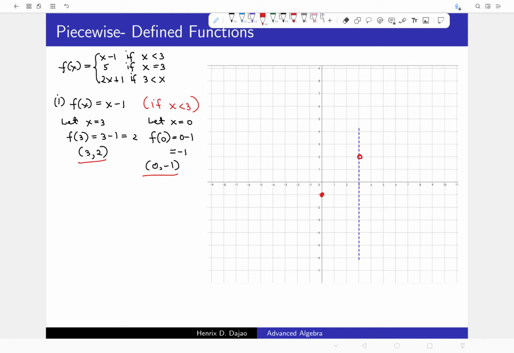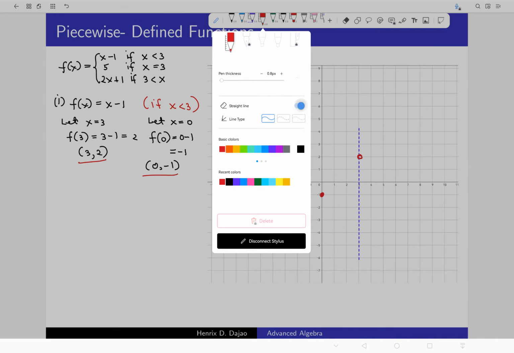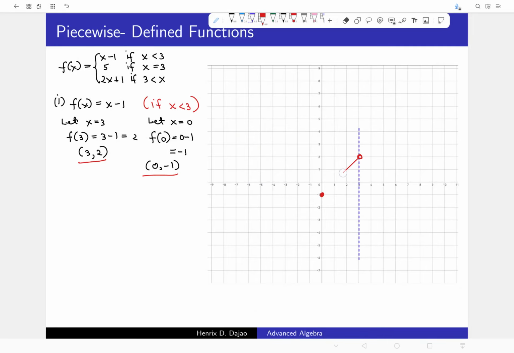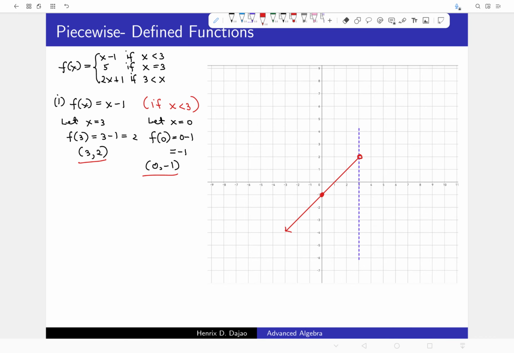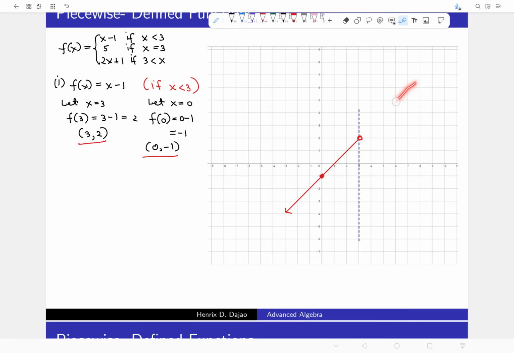Okay, let's say I use the red. Now actually the graph of this function f defined by this is actually this one.